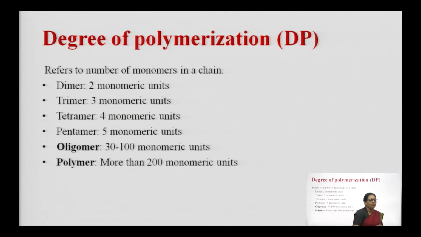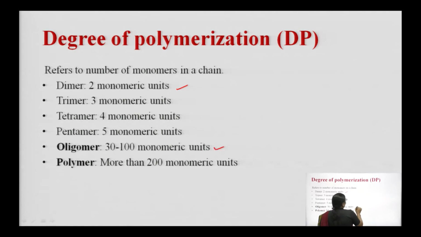Another term very commonly used in the context of polymers is degree of polymerization, represented as DP. This basically refers to the number of monomers in a chain, and depending upon the number, we can call the chain a dimer when it has 2 units, a trimer when it has 3 monomeric units, and so on.